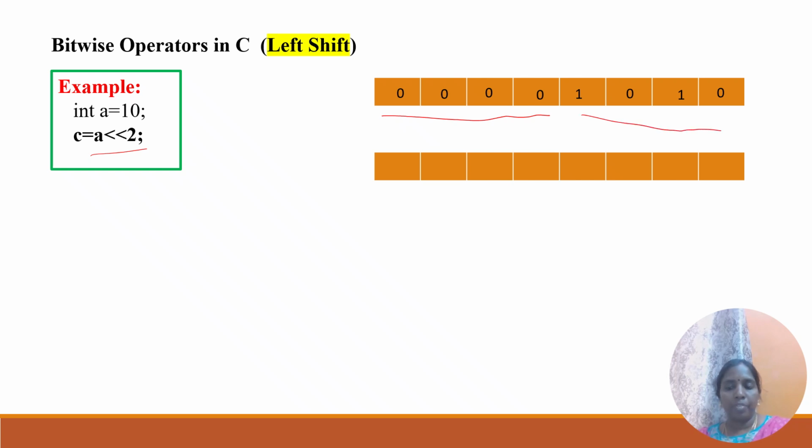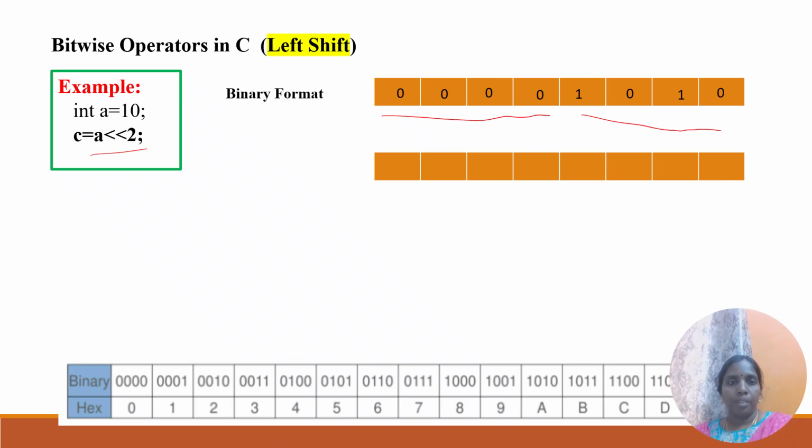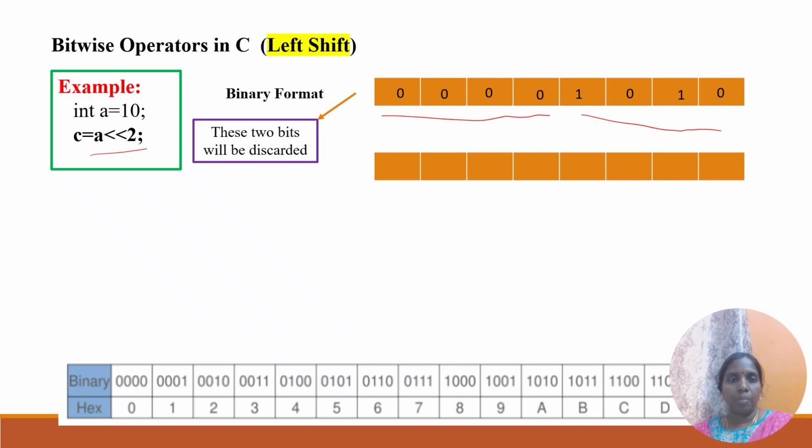So how we perform this operation is, this is the binary format. We have to perform the left shift operation. These two bits will be discarded, and all the bits will be shifted left twice. So you can see the value 0, 0, 1, 0, 1, 0.